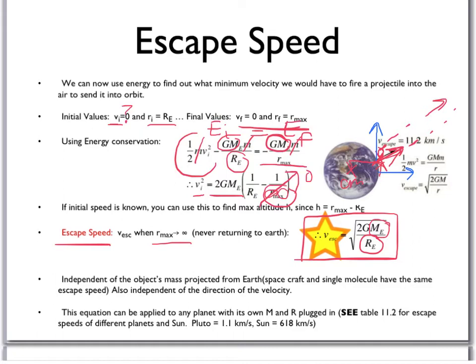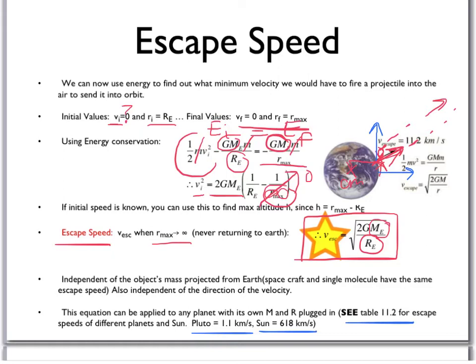This equation can be applied to any planet, like I said, with a known mass and radius, and we could plug those in. In fact, if you look at table 11.2 in your books, you'd find escape speeds for different planets and the sun. What you'd see there is that Pluto is about 1.1 kilometers per second to escape, whereas the sun is actually 618 kilometers per second to escape.